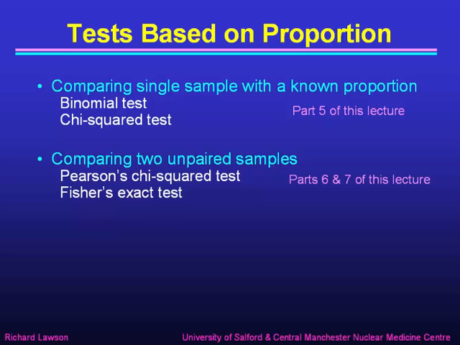Tests that come into that category of looking at proportion: for comparing a single sample with a known proportion, we have the binomial test and the chi-squared test, which I'll talk about in part 5 of this lecture. And for comparing two unpaired samples, there is Pearson's chi-squared test and Fisher's exact test, which I'll talk about in parts 6 and 7.